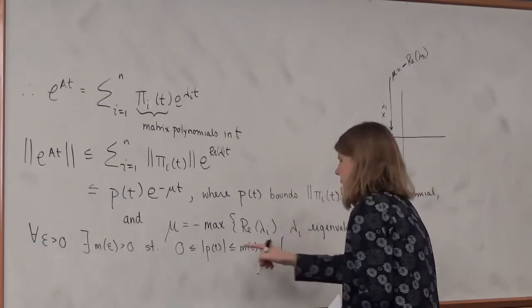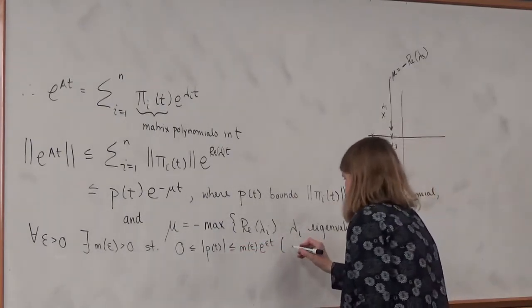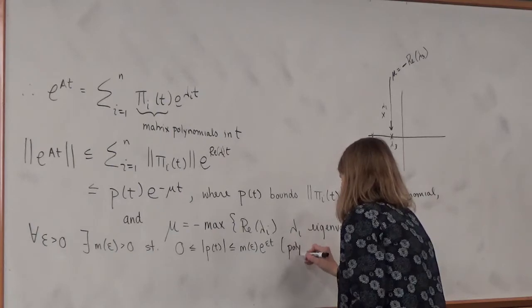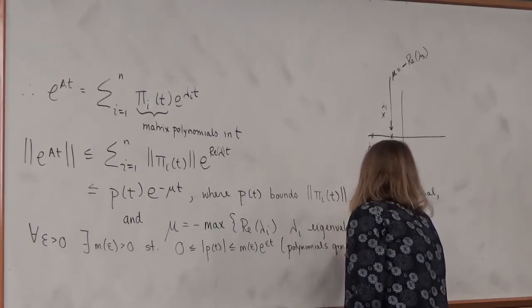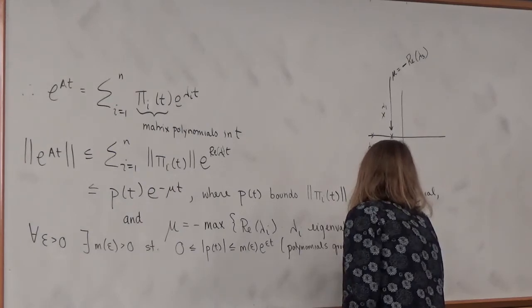What I'm stating here mathematically is that polynomials grow slower than exponentials.